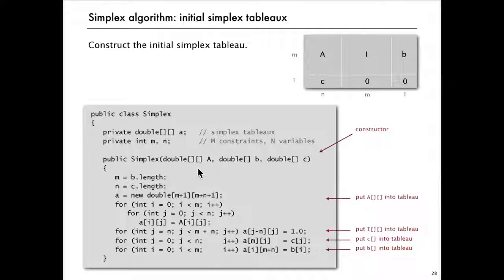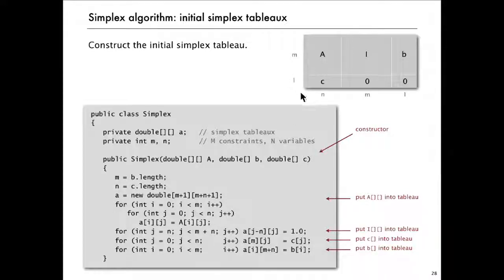So we'll write a constructor that takes the constraints, then the right-hand side for the constraints, and the coefficients for the objective function as arguments. So it picks out M and N, and so how big an array do we need?